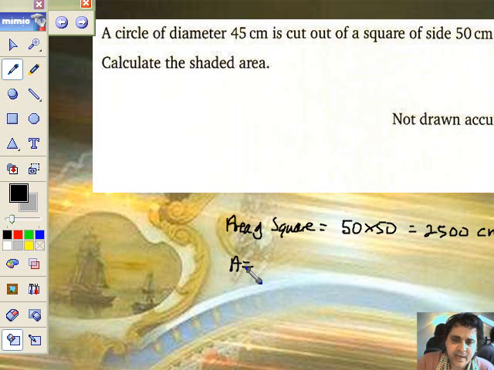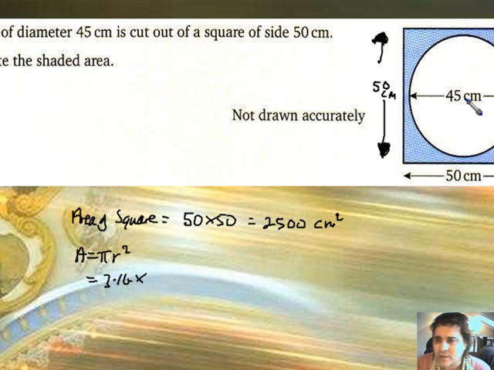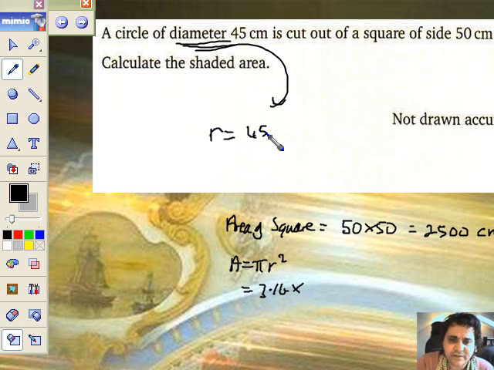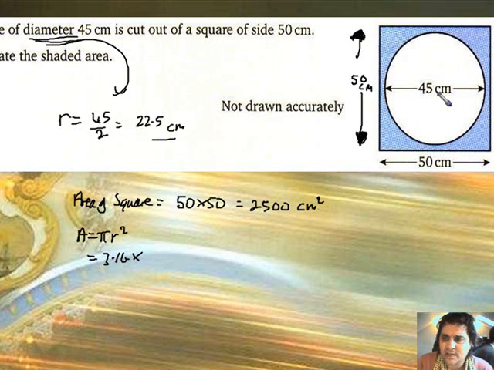Now, A equals pi r squared, which equals 3.14 times, now look, that's the diameter, so straight away, let's say r equals 45 divided by 2, half of 45, it's going to be 22.5 centimetres, alright? Let me just draw it in. Let's draw in a little radius right there, 22.5 centimetres, and that's what I'm going to use right now for my formula.